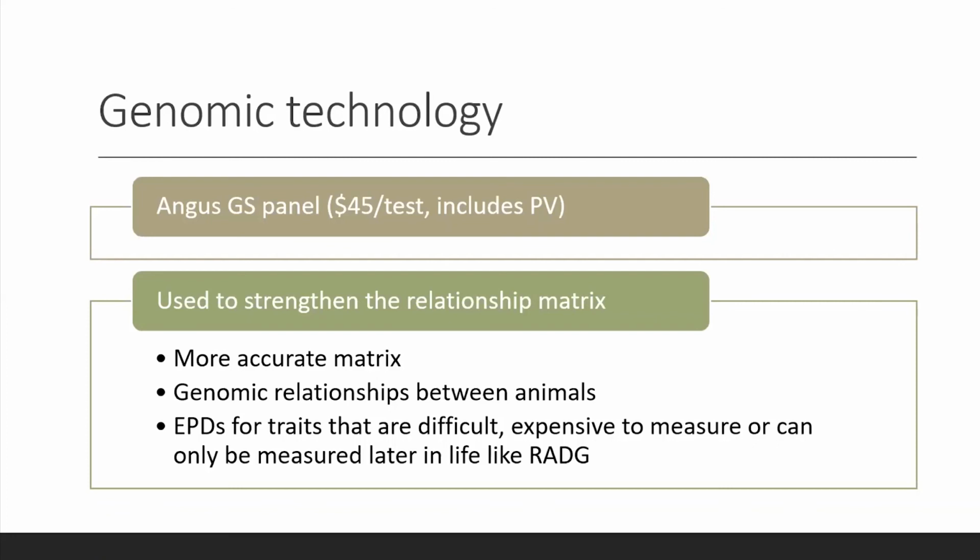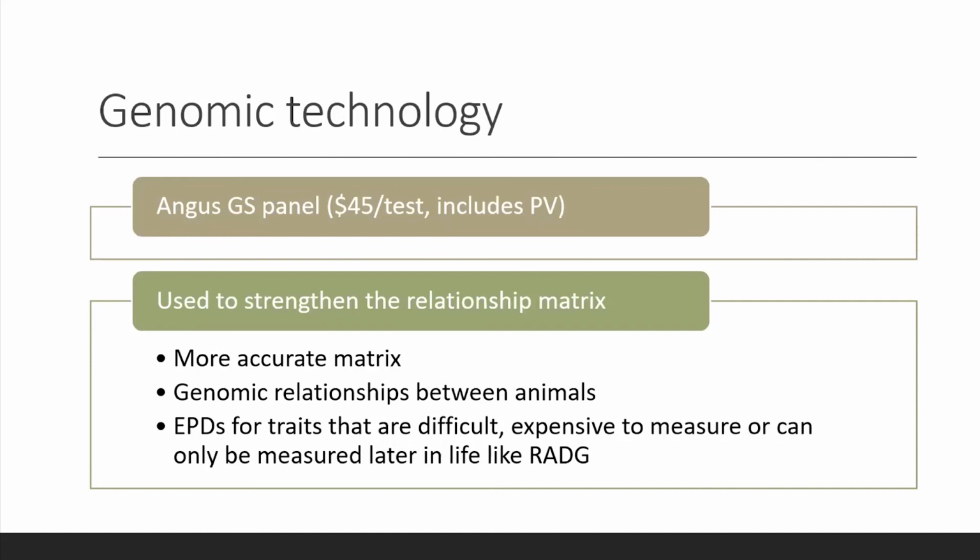What the genomic panel does is it helps us share phenotypes between animals that share genetic relationships. So it allows us to calculate EPDs for traits that are difficult or expensive to measure or can only be measured later in life, like, for example, residual average daily gain. That's feed efficiency.